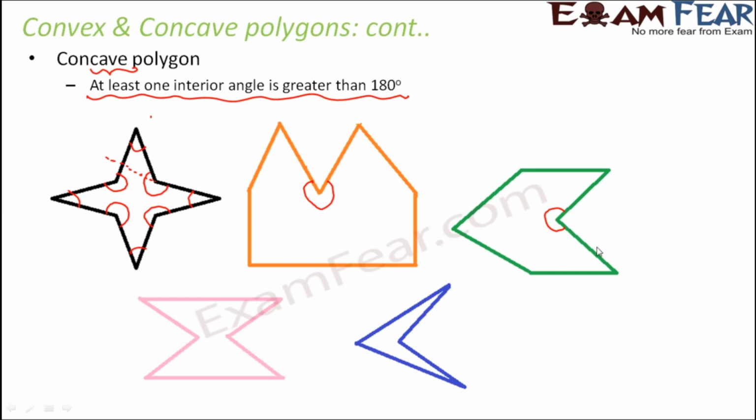Here you have just one cave. Here you have one cave. Here you have four caves, here, here, here and here, because you have four angles greater than 180. Similarly, in these diagrams also you have angles greater than 180 degrees, and that is why these are concave polygons. So these are the two types of polygons that we come across, convex and concave.